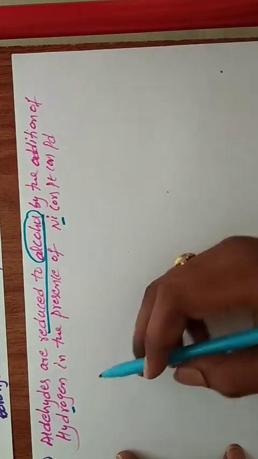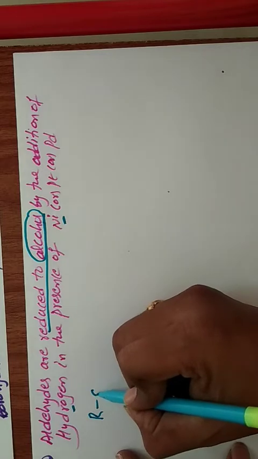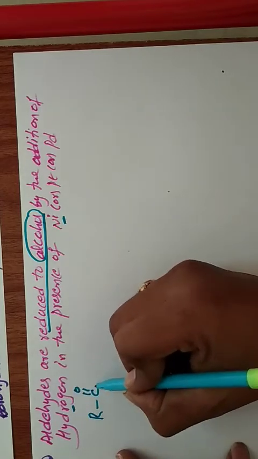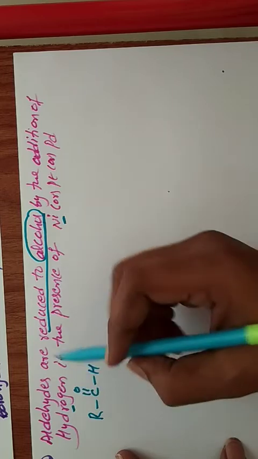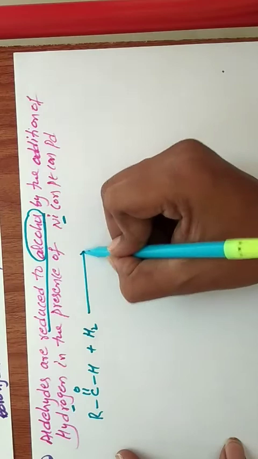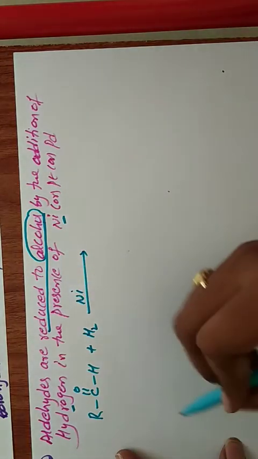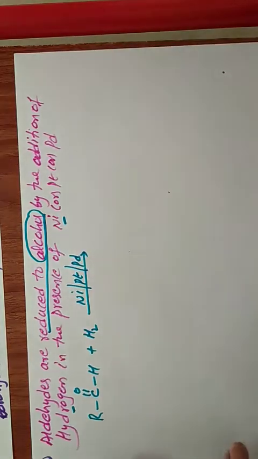Just now we discussed that. That's why it is the general reaction. So what is the general formula for aldehyde? R bond C, double bond O, bond hydrogen. Aldehyde general formula.